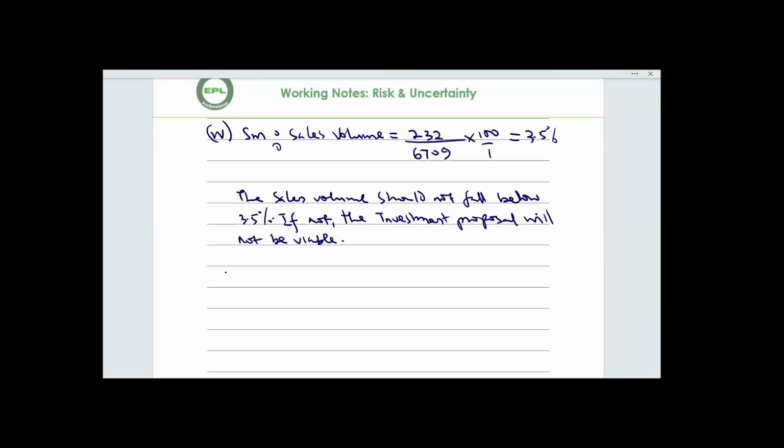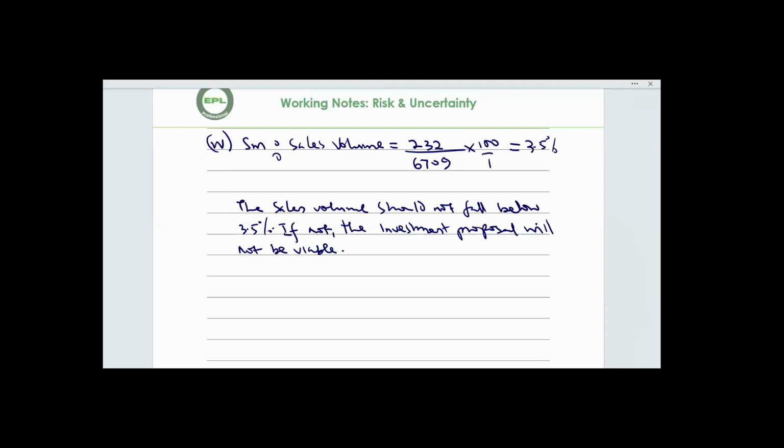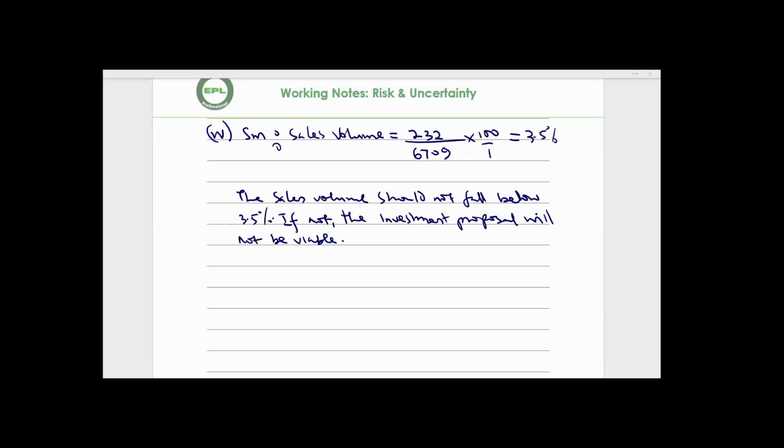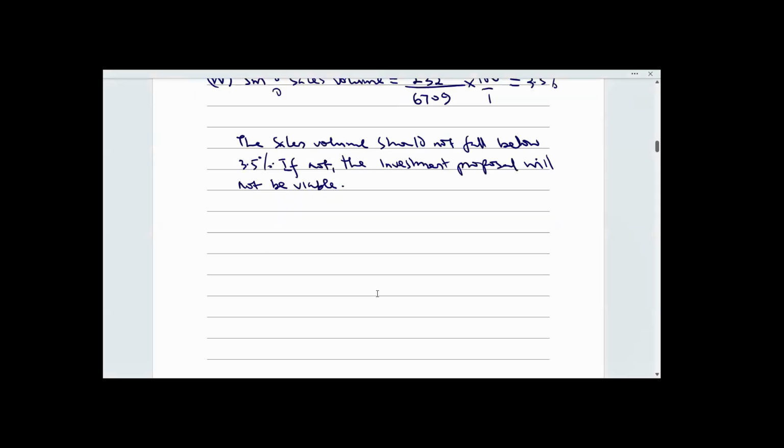The next one, number 5, variable costs. Sensitivity margin of variable costs, which is calculated as NPV of 232 divided by the present value of variable costs.